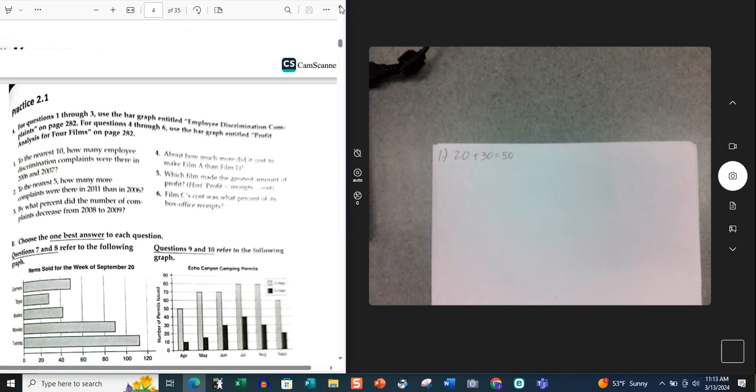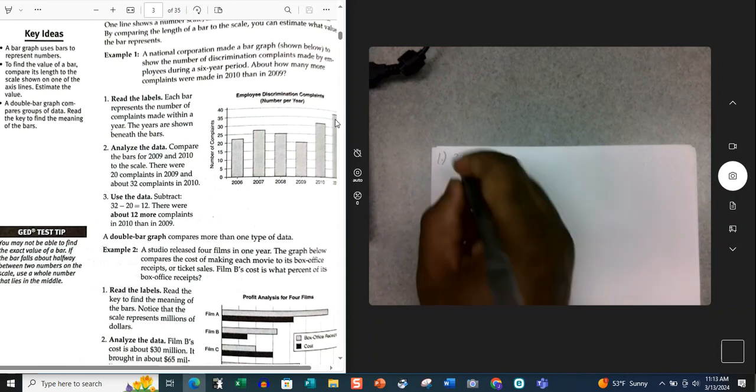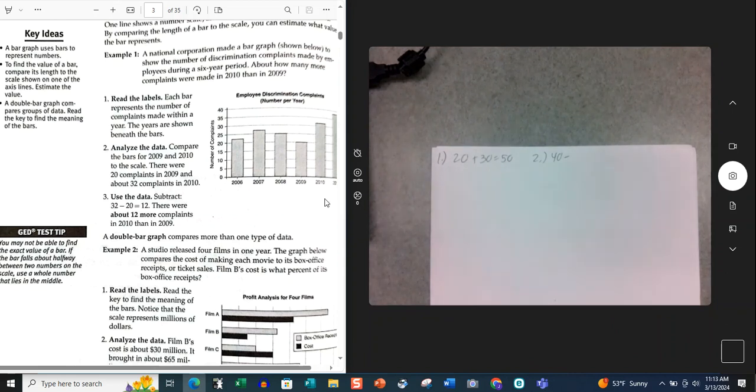So we go back up here to 2011, which on mine is a little cut off, but you can see it on your paper. It said to the nearest 5. This is real close to 40. So it'd be 40 minus, and then 2006.